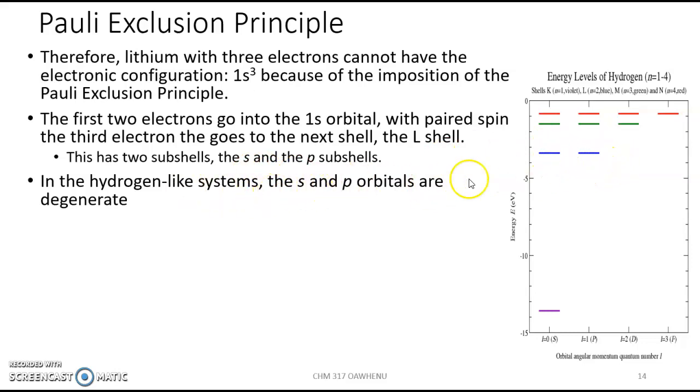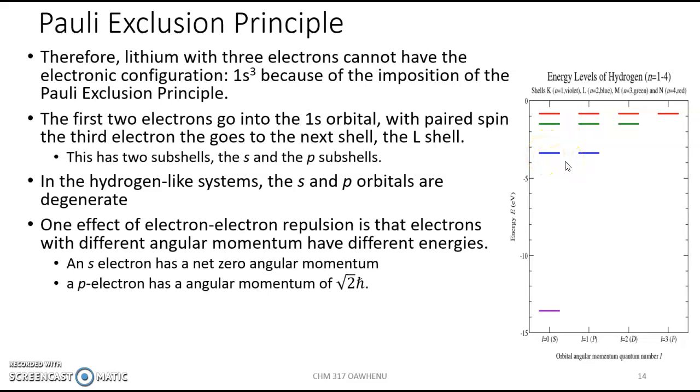This is a sketch of the energy levels. In the hydrogen-like system, the s and p orbitals are degenerate, which means they have the same energy. One other effect of electron-electron repulsion is on electrons with different angular momentum. If you recall, the quantum number L characterizes the angular momentum.